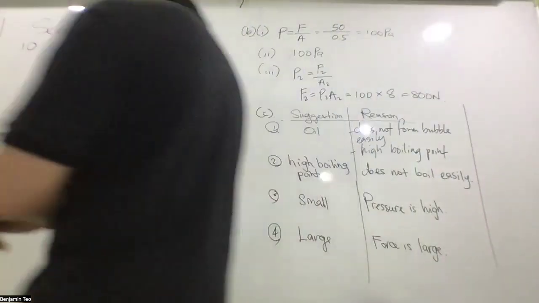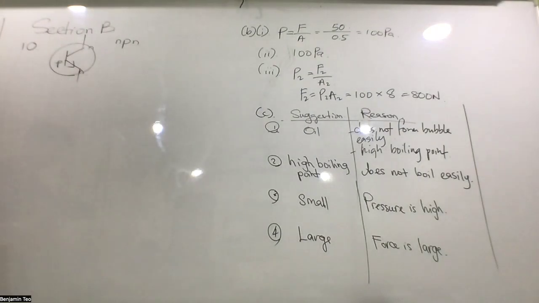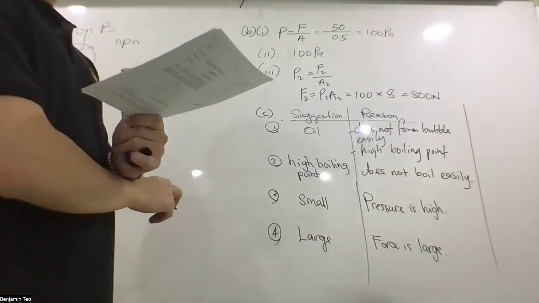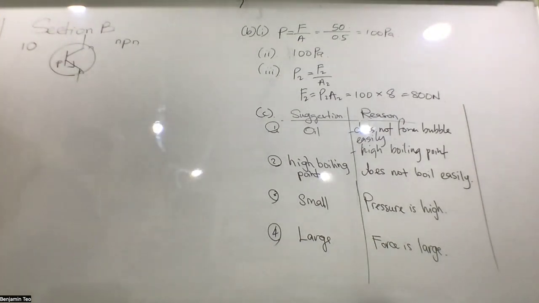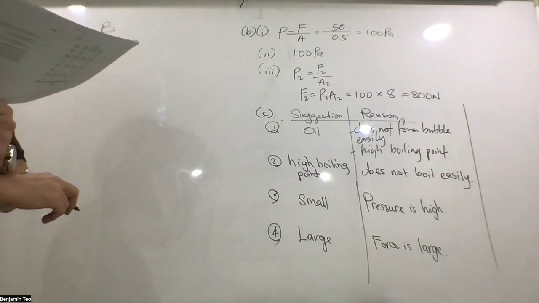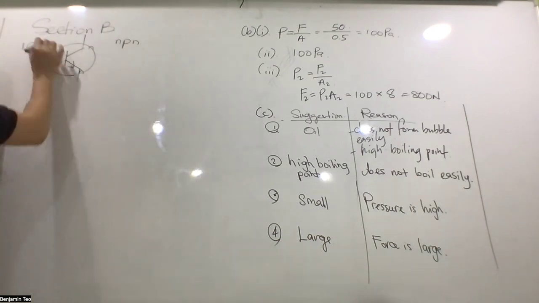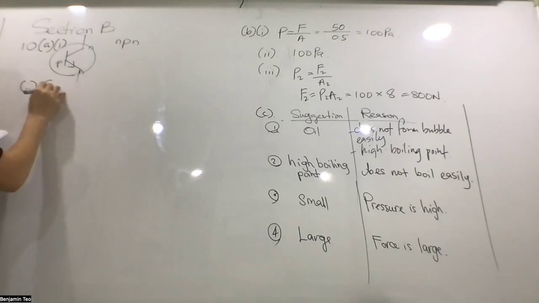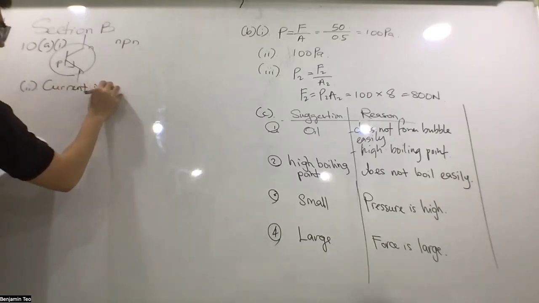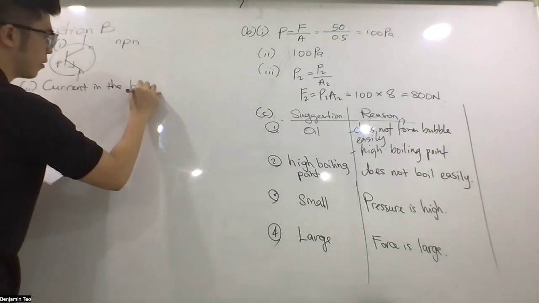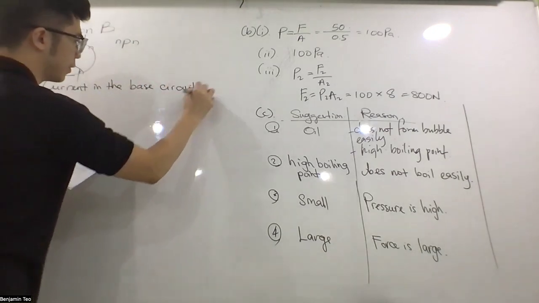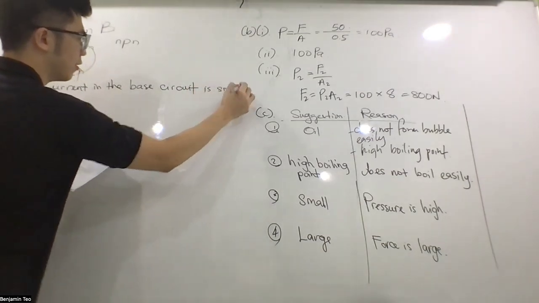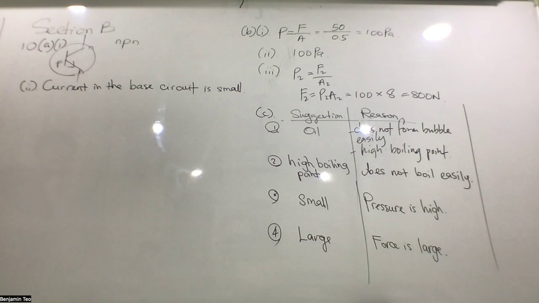Okay, so you talk about the current. 你的 collector emitter collector circuit 是比较大的 current，你的 emitter base circuit 是比较小的 current. How do you make the current in the emitter base small? Is that you use a resistor in the base circuit. So you have to talk about that one. So we start by saying the current in the base circuit is small. Why is it small?